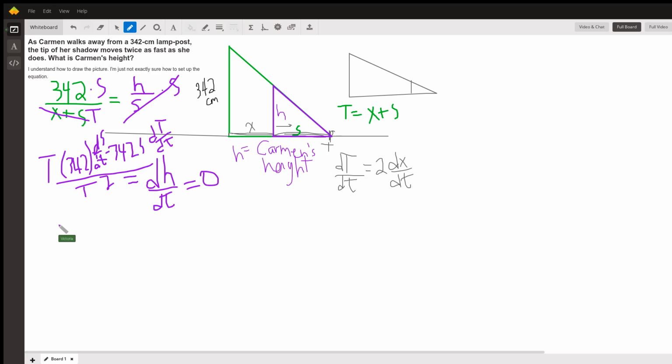So what I'm really solving is 342 times the distance from the pole to the tip of her shadow times ds dt, minus 342 times s, the length of the shadow, dT dt.